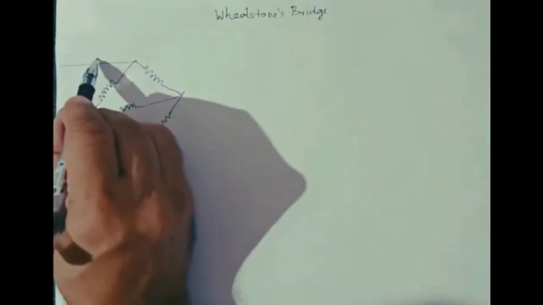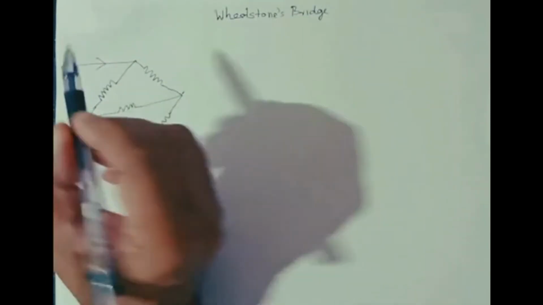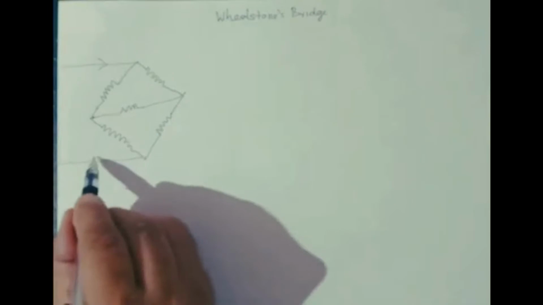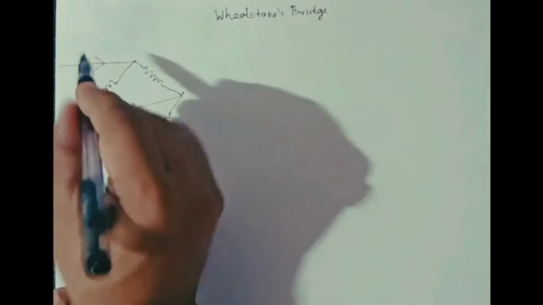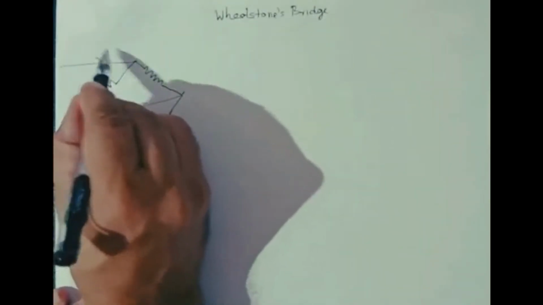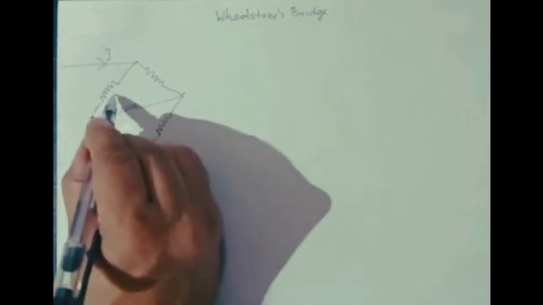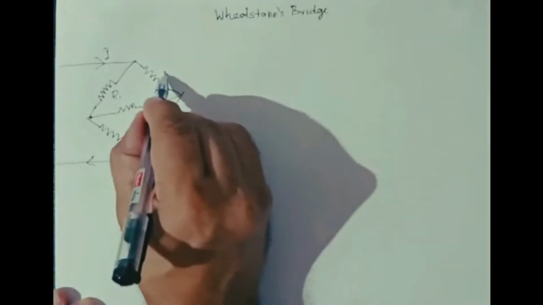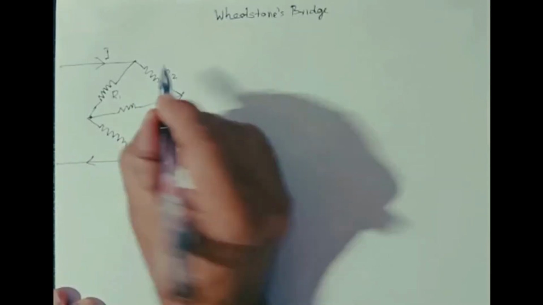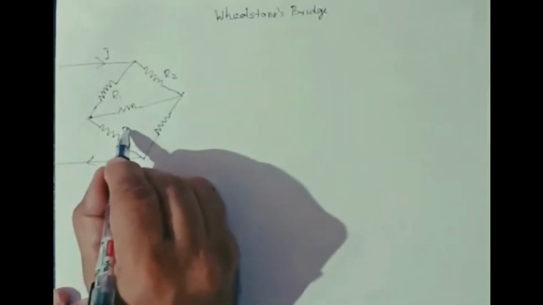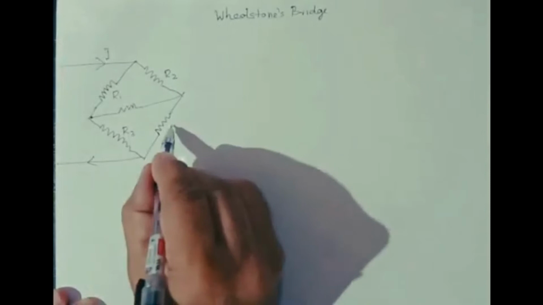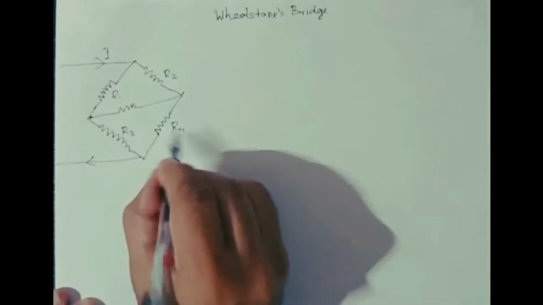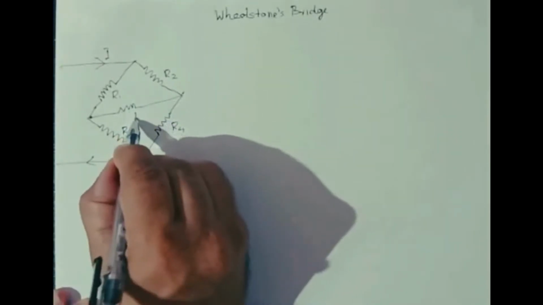Let us assume that the current flows in this direction. Here, take it as I. Let's call this resistor R1, this R2, R3, R4, and a diagonal resistor R5.